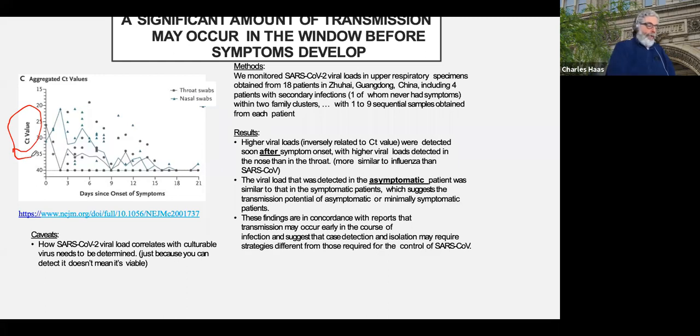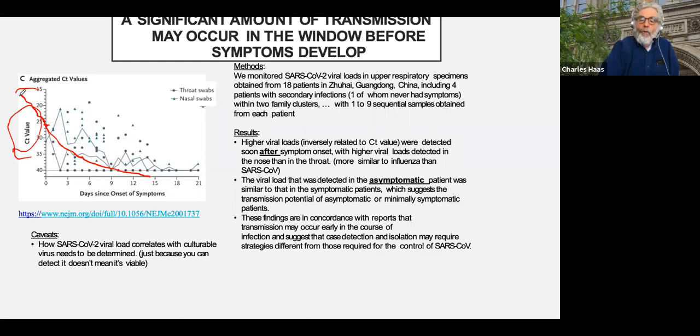So low numbers here represent high concentration. Very early on, after symptoms start, that's when you see the highest level of nucleic acid. And then as symptoms proceed, you get a decrease. And so presumably, even pre-symptomatic, there could have been a greater concentration of RNA and viral load.